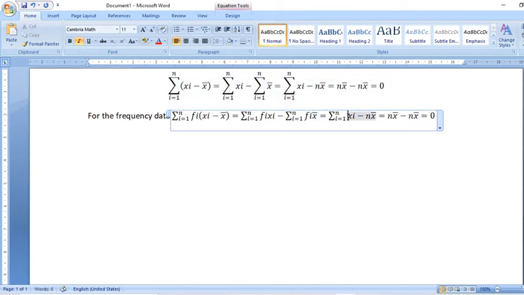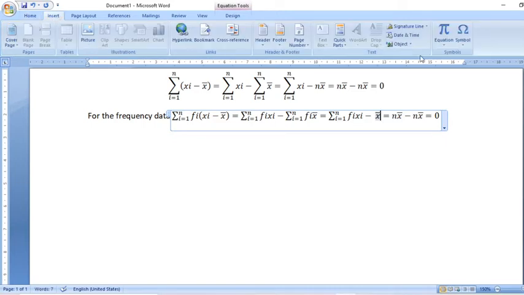This is nothing but summation i from 1 to n of fi xi minus, but you know that x bar can be taken outside, and then summation fi. What will be summation fi? We can take x bar outside and put the summation here.